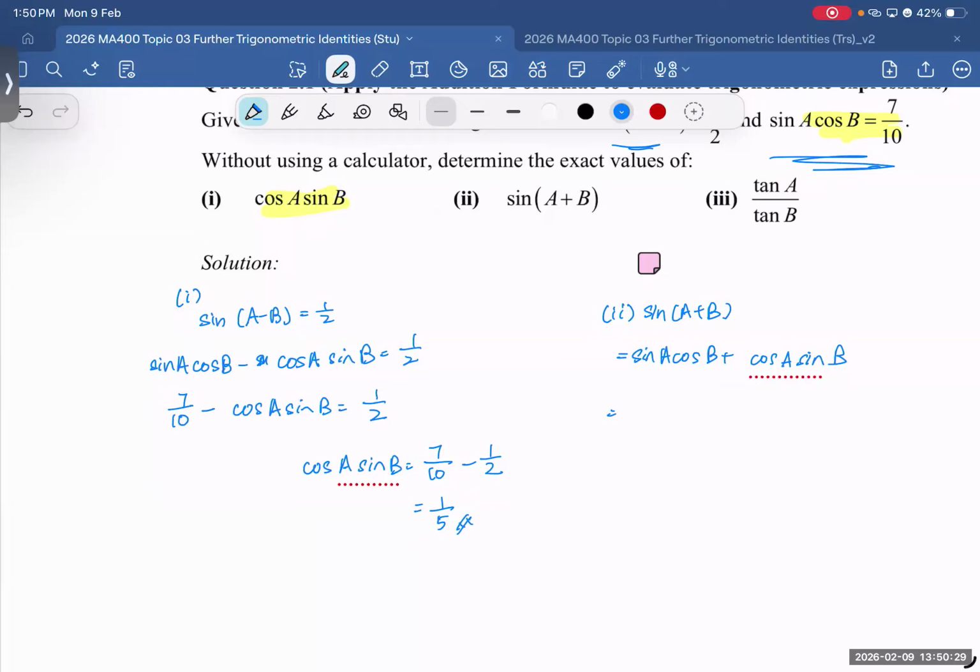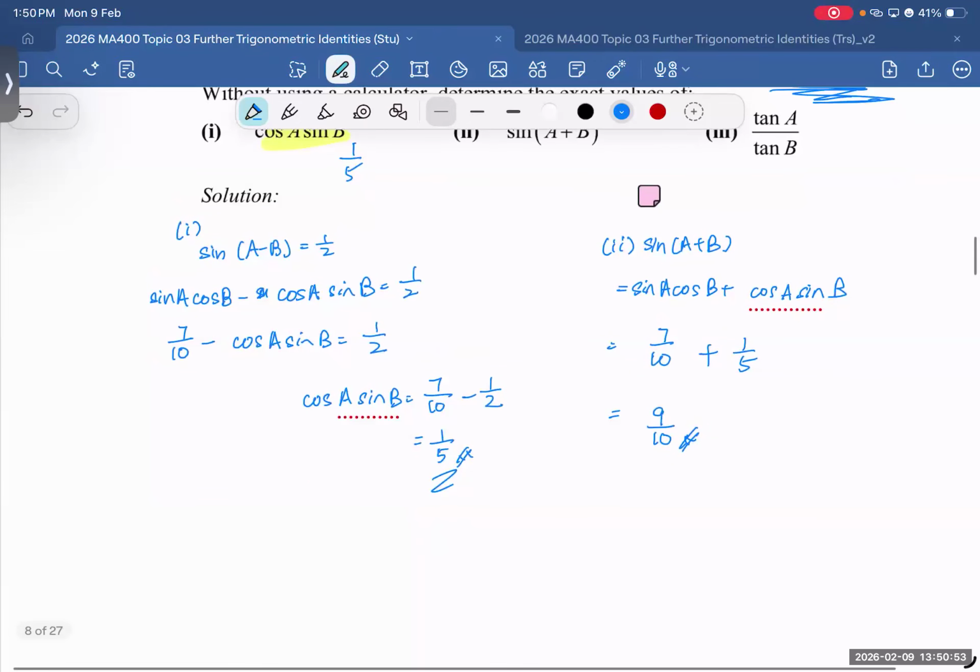I'm also going through this because I want it to be in the recording now. So sin A cos B, we know that it's 7/10. Cos A sin B, we know that it's 1/5, right? The more you know, the more you know. Okay? You lost it. 9/10.